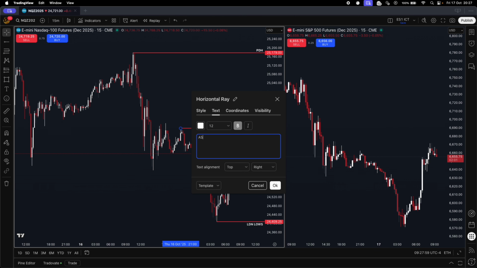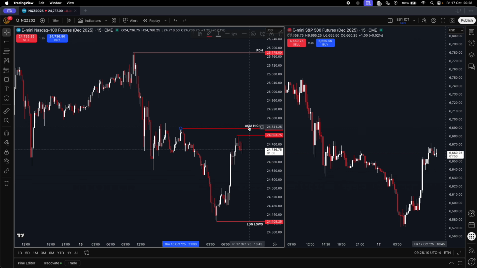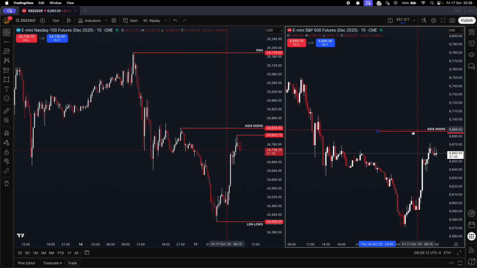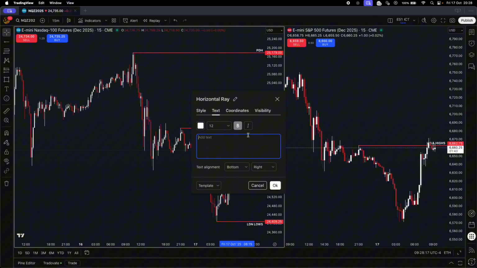So we can mark this out as Asia highs. You can see Asia highs there on ES has already been taken, so we got a bearish SMT on NQ as of now. So that's why we mark it out on both, just so you get that visual representation on what's currently happening for price.